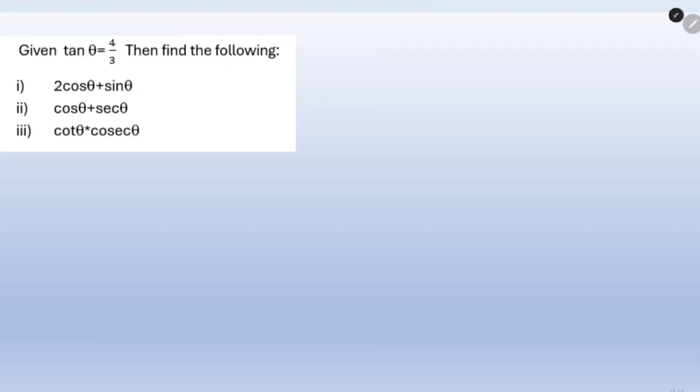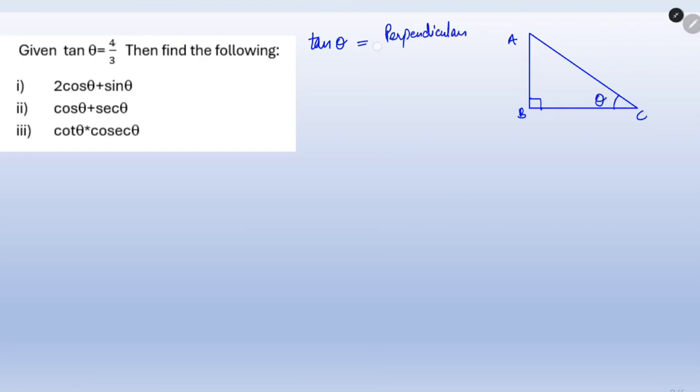Now moving on to another question. Given tan theta is equal to 4 by 3. For this, directly make a triangle first and name it A, B and C. Let's make theta at angle C. Now as we know, tan theta is perpendicular upon base.